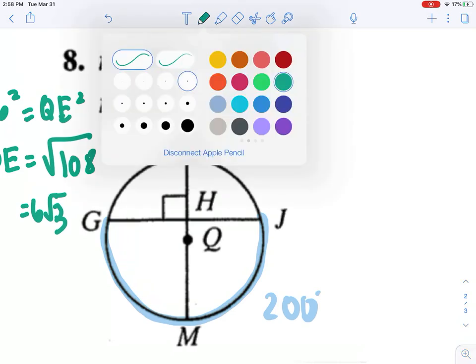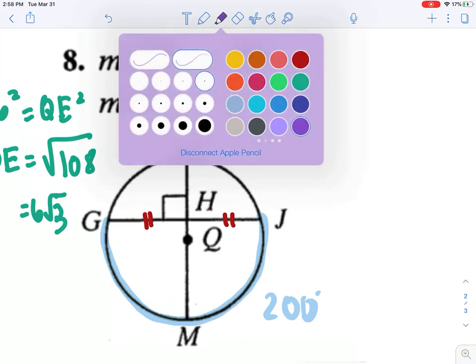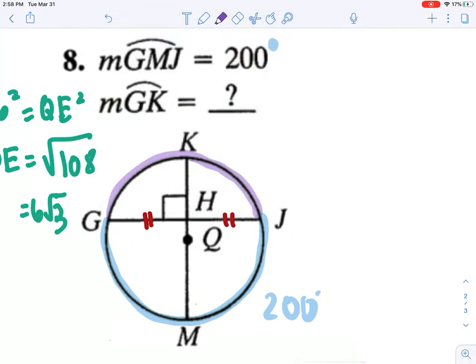I know that it's a diameter perpendicular to a chord. So it's going to bisect the chord, so those two are equal. And then if that whole thing is 200, then what's left over is 160, which means that this half is 80 degrees, and this half is 80 degrees. So the measure of arc GK is 80 degrees.